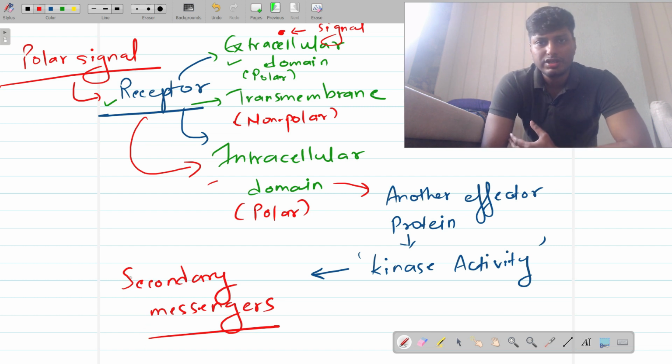These secondary messengers are ultimately responsible for showing a particular response in the cell.